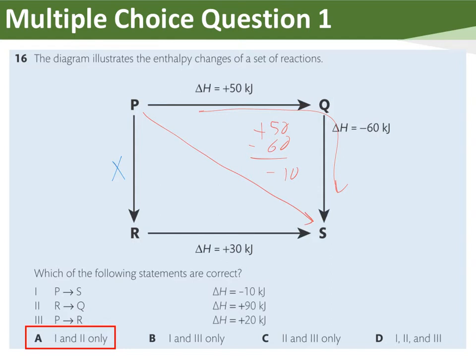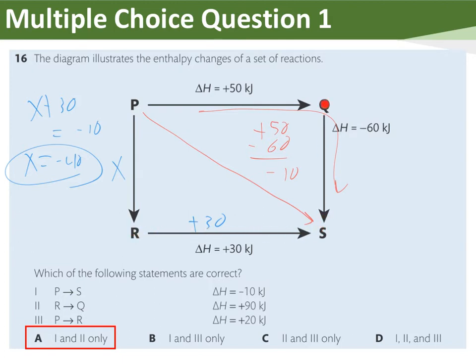Here I have X plus 30, so X plus 30 must equal negative 10. So that means X equals negative 40. So I'm doing a little bit of algebra. So let's see what we can figure out in terms of these statements. P to S is negative 10. Yep, got it. R to Q is positive 90.